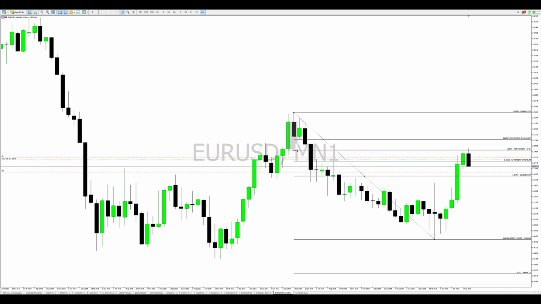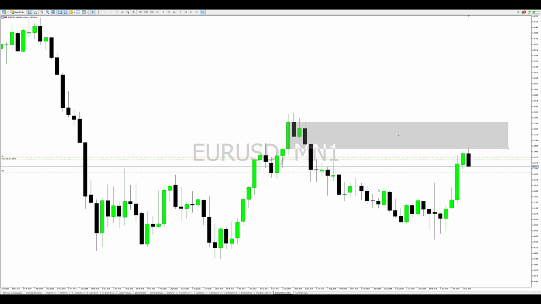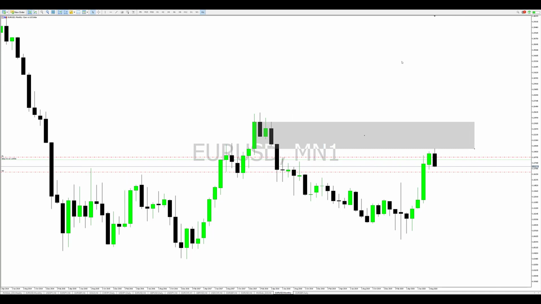So we're going to highlight that candle from its open to its close. Let me get rid of the fibs so that the chart is not that noisy. Now that's our bearish order block.